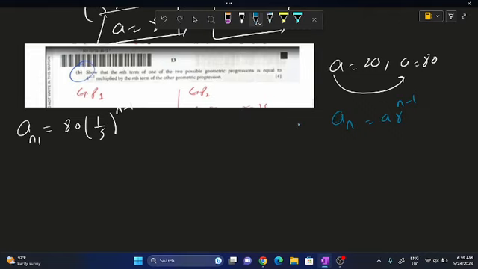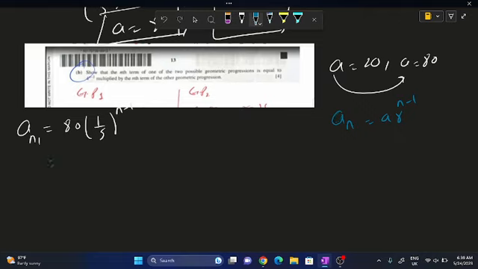That is the general formula. So for the first progression, an1 is equal to 80 times (1 by 5) whole raised to the power n minus 1. For r is 1 by 5, my a is 80. So I just put the relevant values over here, nothing else.